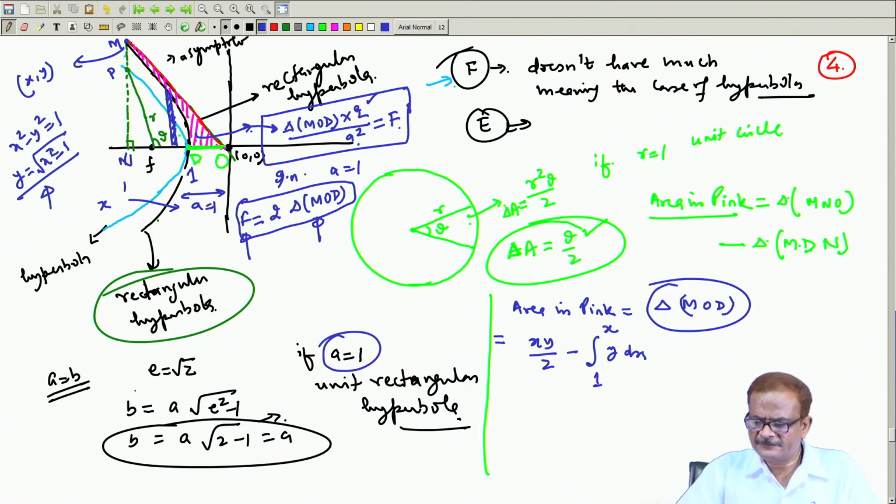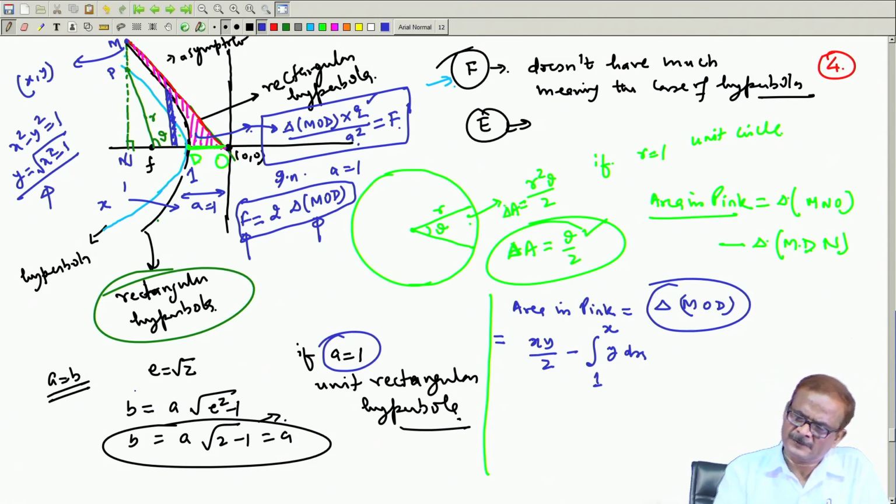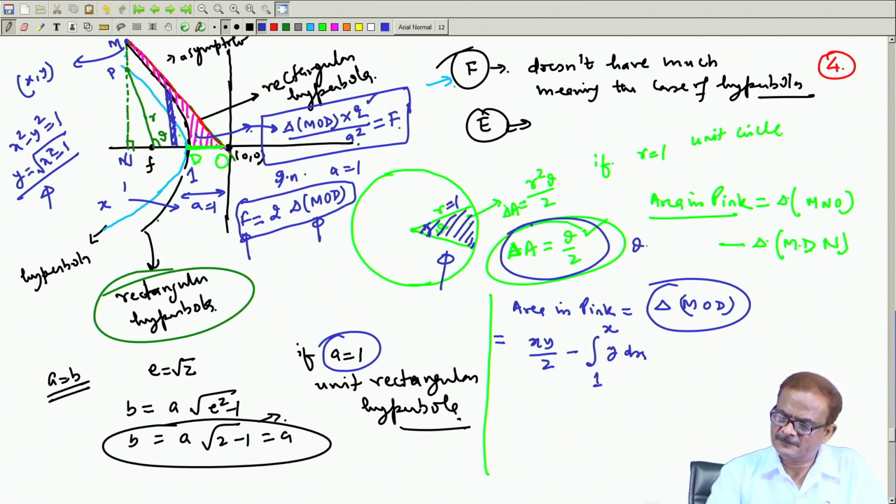Okay, so you can corroborate something from here: in the case of a unit circle, r equal to 1, this area is equivalent to theta by 2, means this angle theta is nothing but delta A times 2.